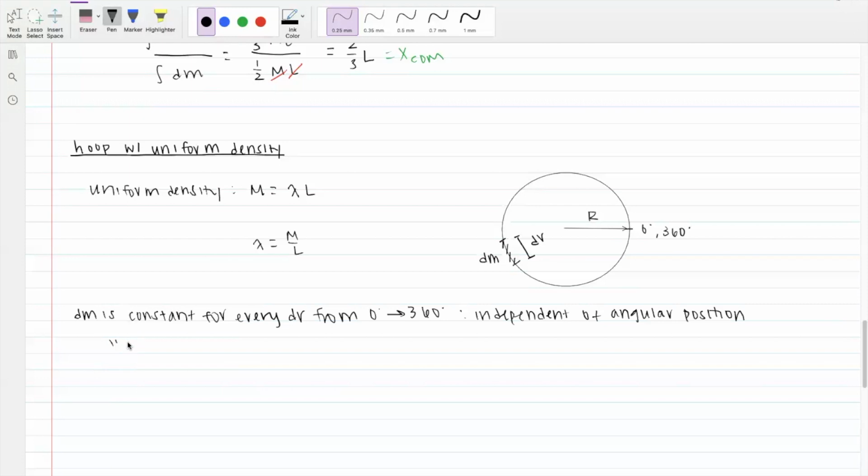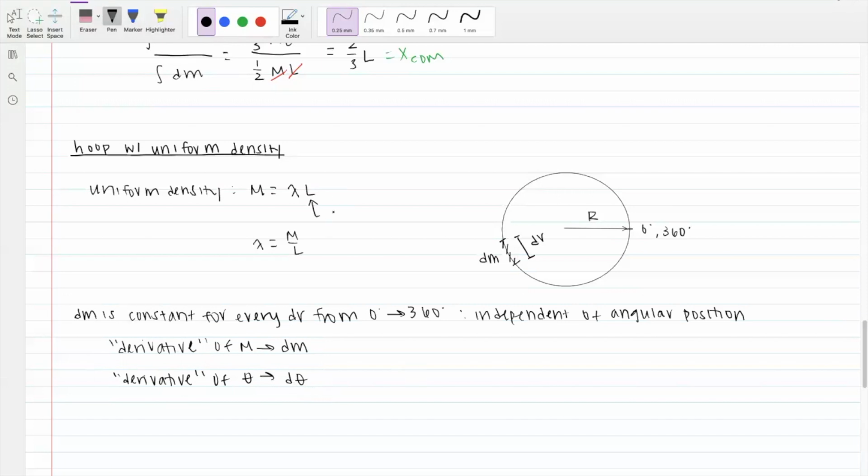Let's keep in mind that the derivative of mass is equal to dm. The derivative of angular position is d theta.